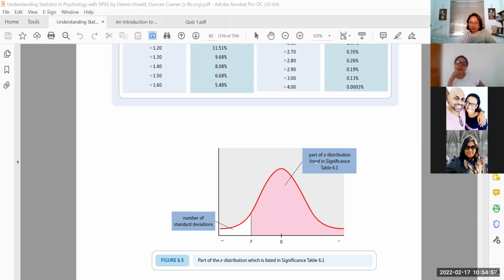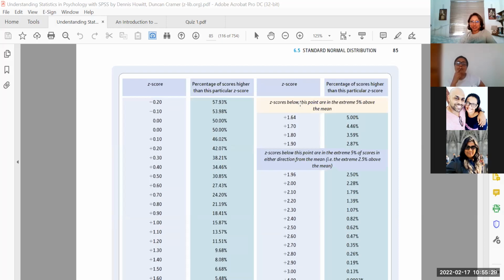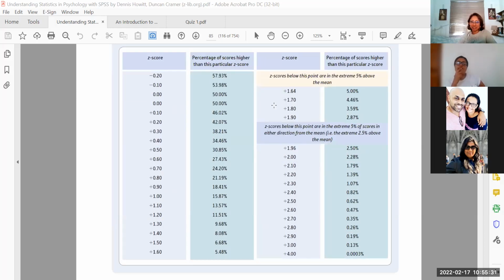So when you have your Z score here, by looking at these tables, you can see the percentage that is higher than the Z score, calculated by hand by looking at these very complicated tables. In the sense, not too complicated, but somebody has already done the job for us.